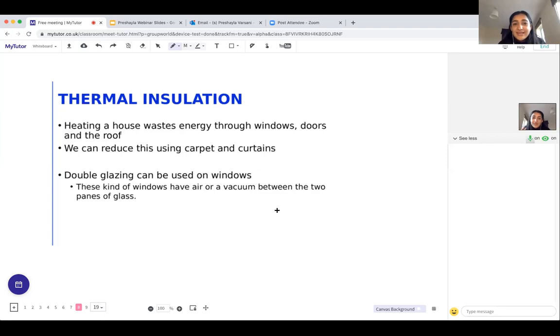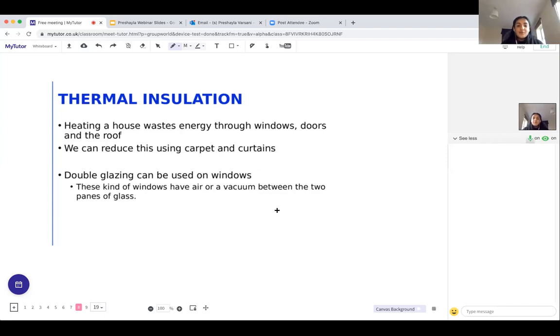It doesn't really help that much in reducing the amount of heat energy that leaves the house. Carpets help in the floors and by the windows, but only if they're shut. And obviously you don't want your curtains to be shut all the time. You do still want to let light in.